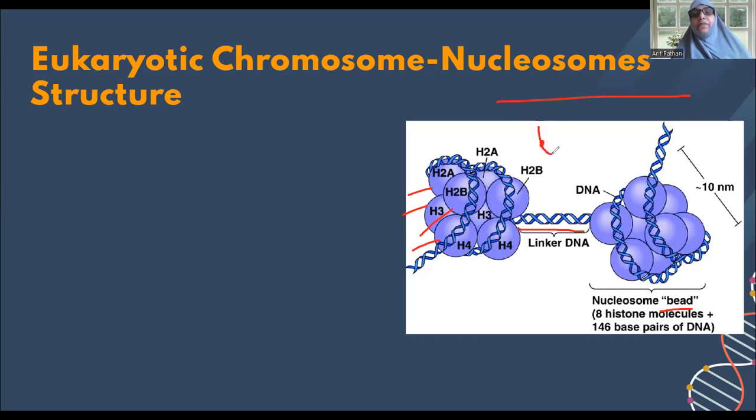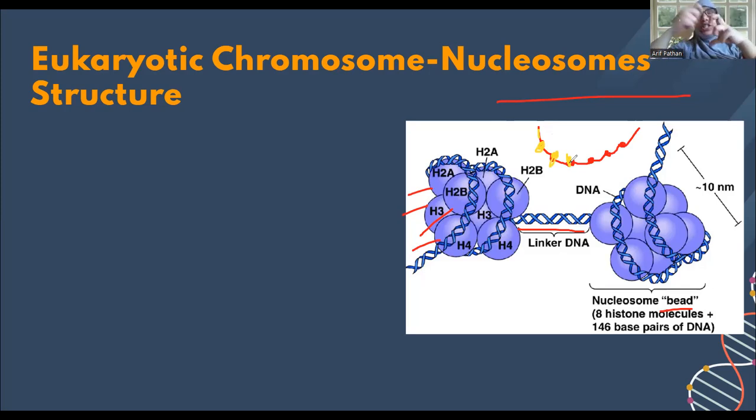One nucleosome, then linker DNA, one nucleosome, linker DNA, one nucleosome, linker DNA. And around each nucleosome you have DNA wrapped. So when you open it, it is such a long structure.